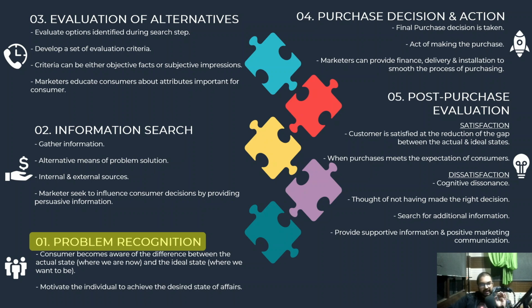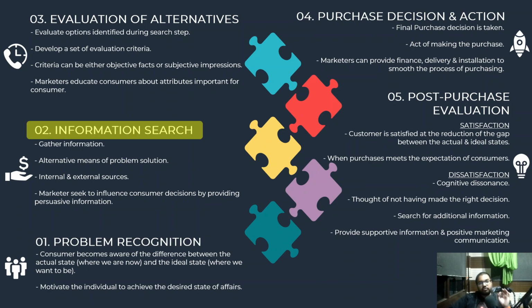Once you have realized that yes, there is a gap between your actual state and ideal state, you will start looking for the information. Now, when you look for the information, what you are basically doing is gathering all the available and relevant information about your problem. Once a customer gathers all the information, he realizes that yes, there are alternative solutions to his problem.